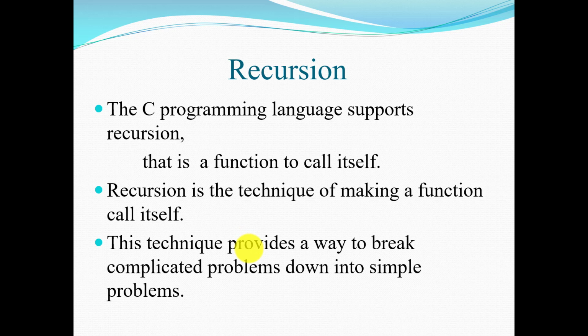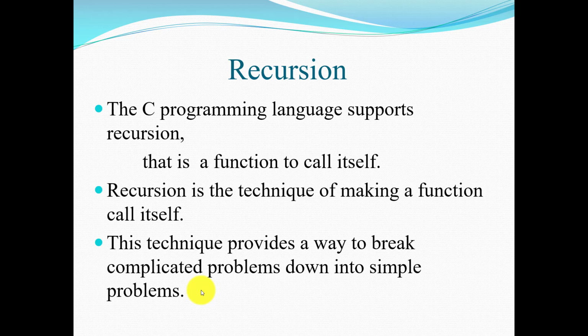Now, why are we using recursion? Because this technique provides a way to break a complicated problem into simple problems, since the same statements are repeated by calling the function.